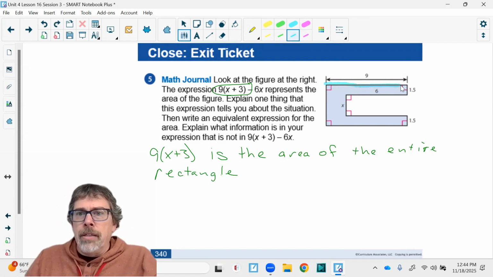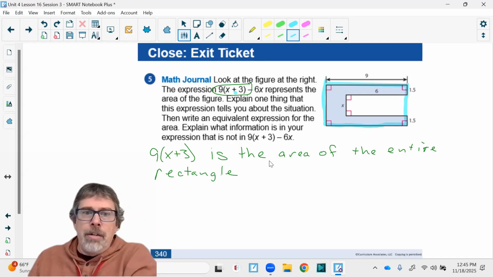That tells us that the area of this entire thing right here is 9 times 1.5 plus x. That's where that x plus 3 comes from. That's the width. So 9 is the length, this is the width, and length times width is the area of the entire rectangle.